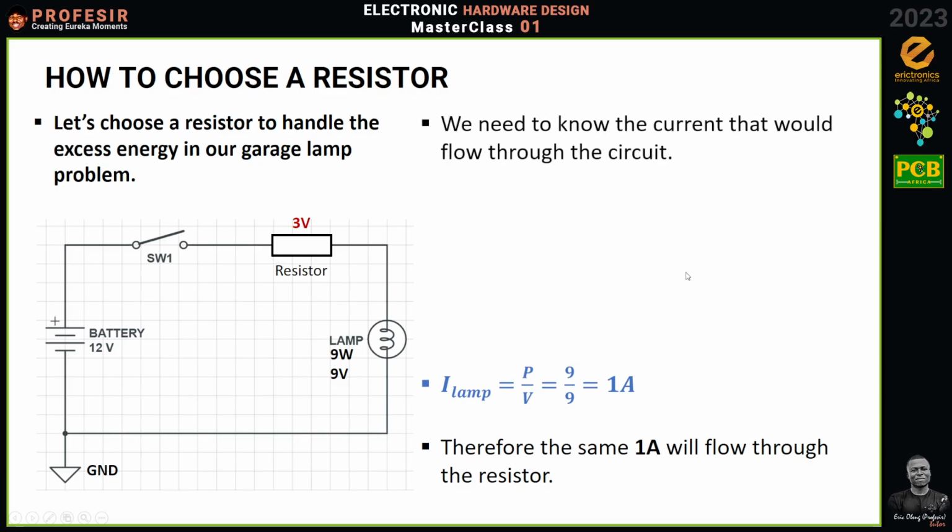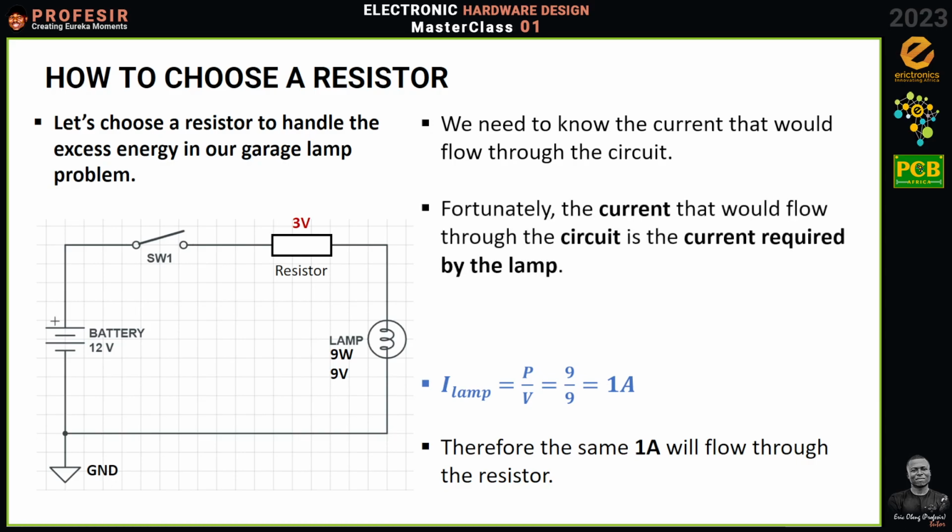Okay, first of all, we need to know the current that will flow through. Remember, it is the load that determines the current, because the current that should flow depends on what the load requires, right? But the load was given to us in voltage and power, no current.